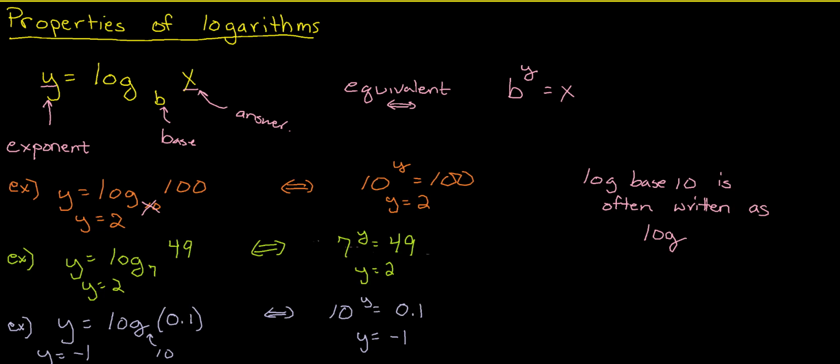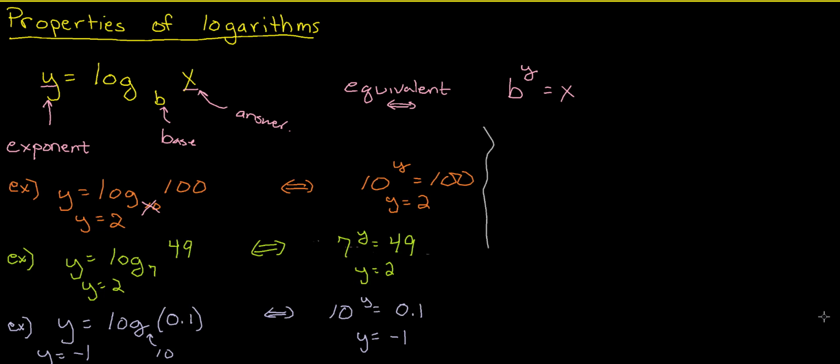Now, another common piece of notation that you'll see refers to the natural log. Let's take a look at a few examples with that. Sometimes you'll see something like y equals the natural log of e.